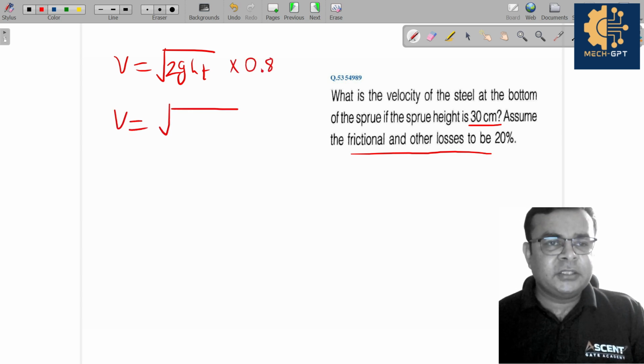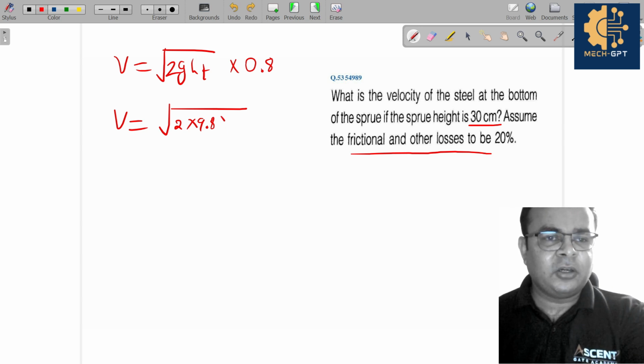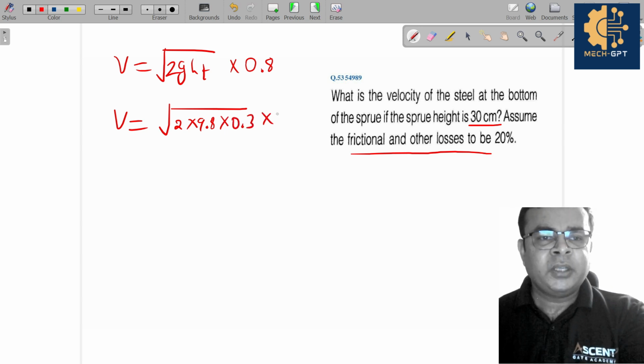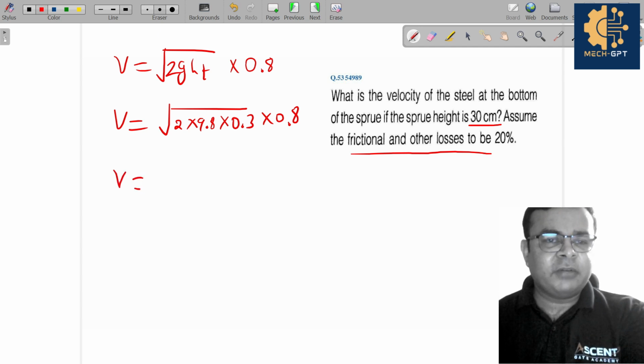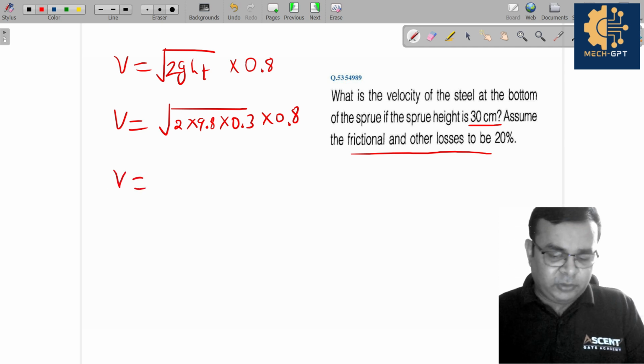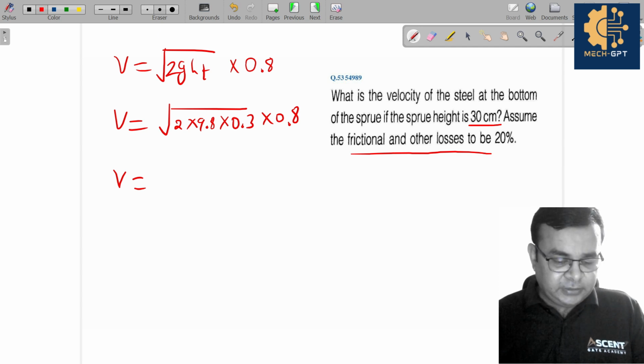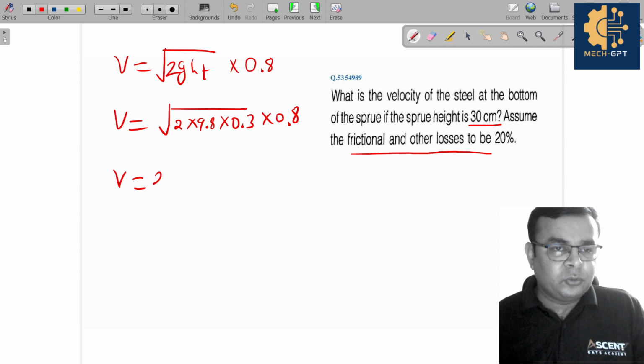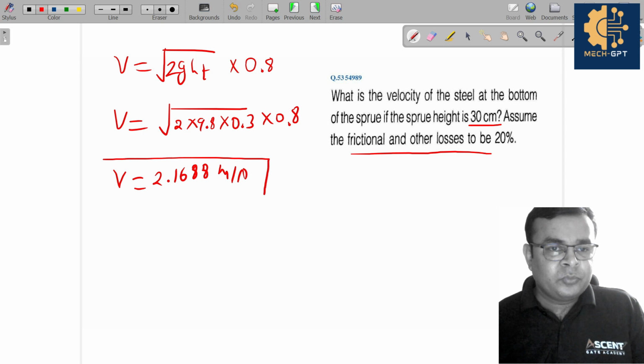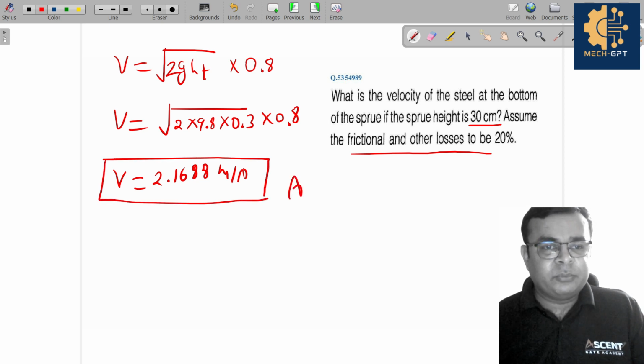So velocity is the square root of 2 into 9.8 into 0.3, times 0.8. After calculating this, we get 2.1688 meter per second. This is the velocity at the bottom of the sprue.